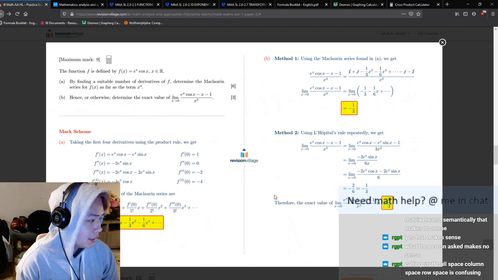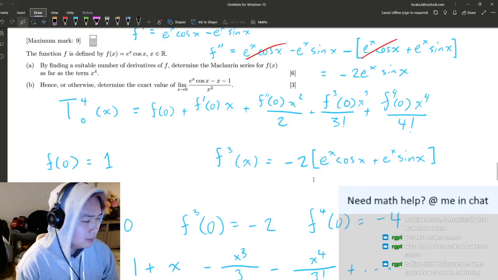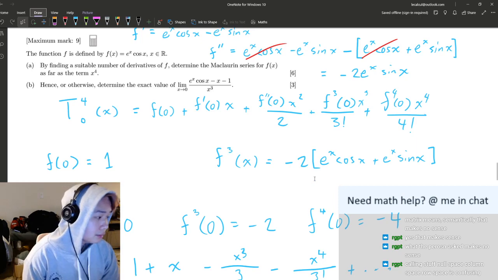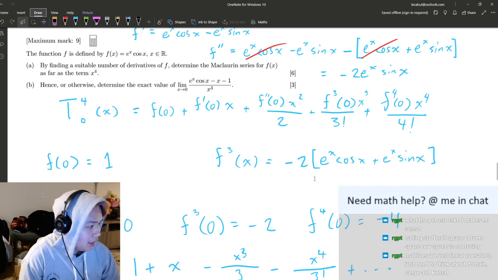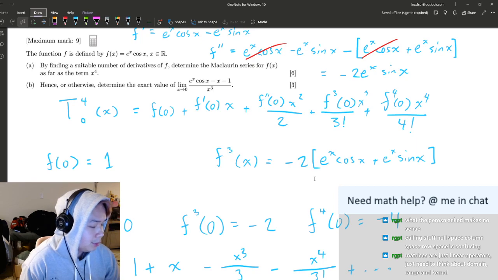Calling stuff null space, column space, row space is confusing. What do you call them? Yeah, domain, range, kernel. I thought there's a slight nuance between, for example, a null space and a kernel. Like there's a slightly subtle difference, right?